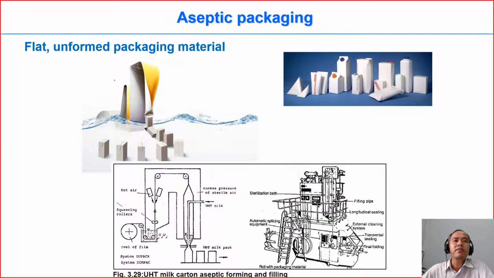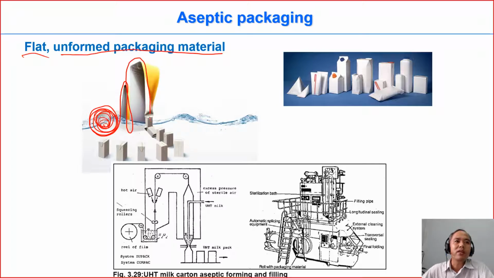But this is applied even more nowadays, that they start from flat, unformed packaging material. So when you bring it into your factory, you have a roll of packaging material, and then in the packaging system, you have to form the shape.